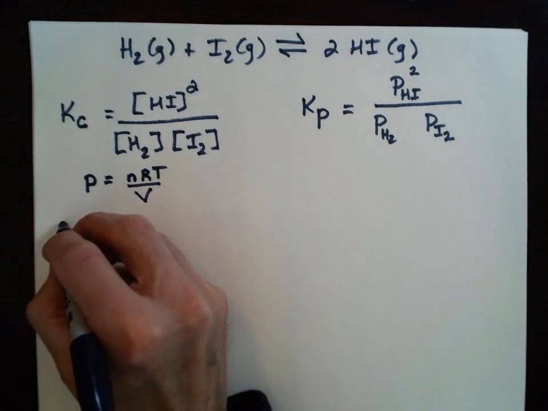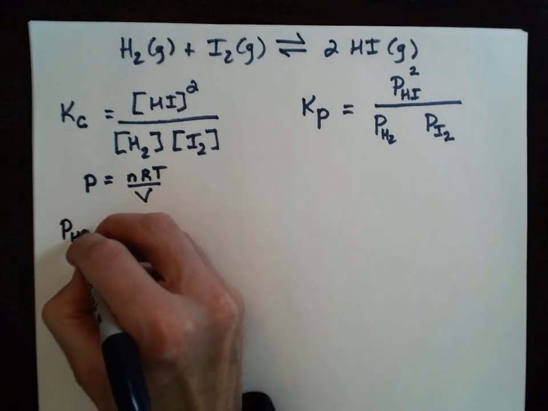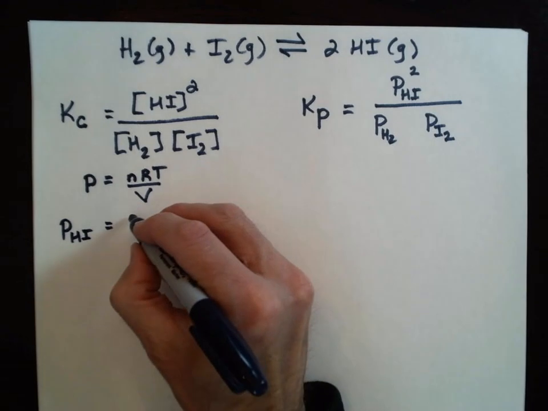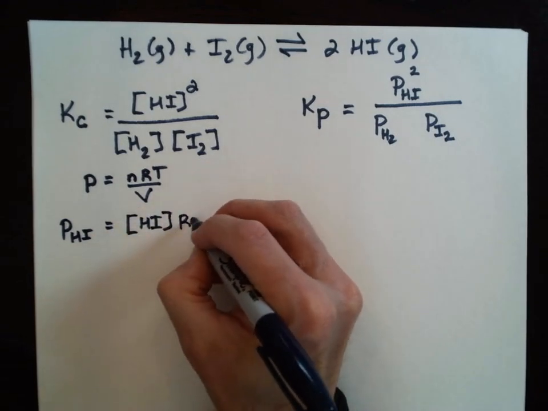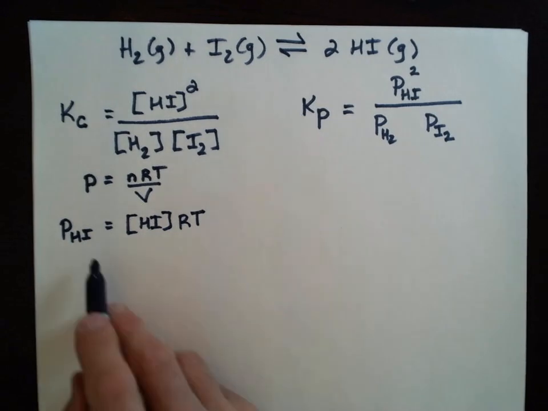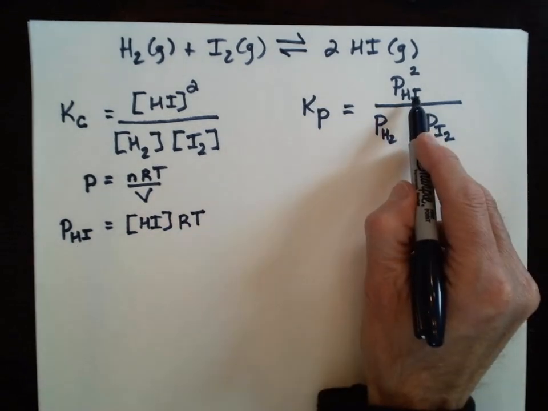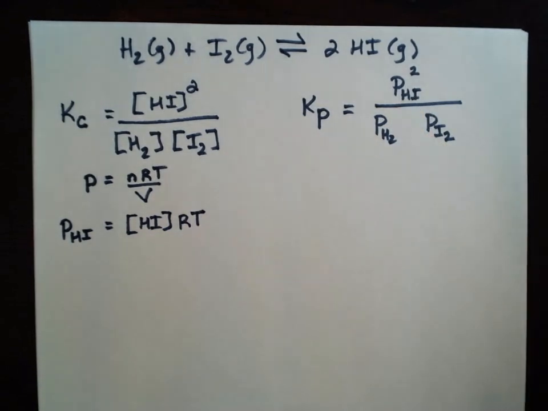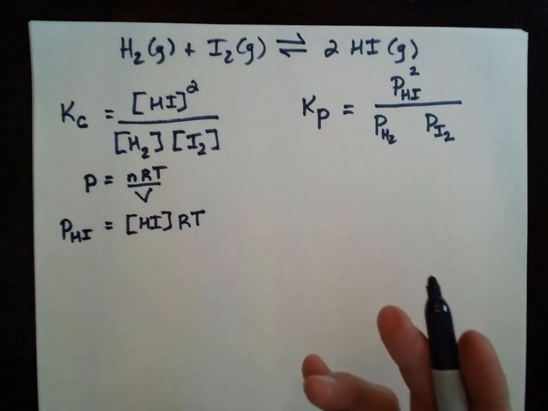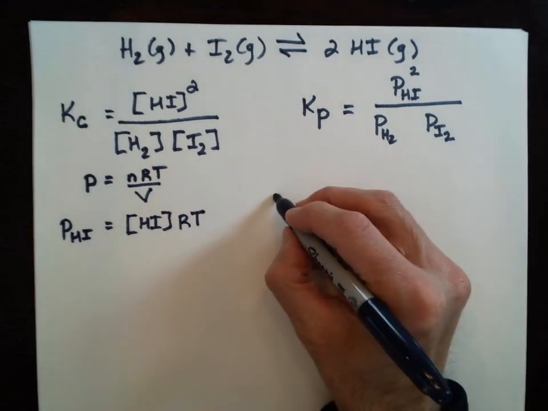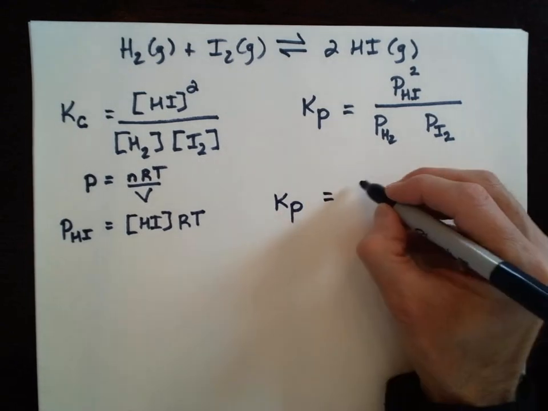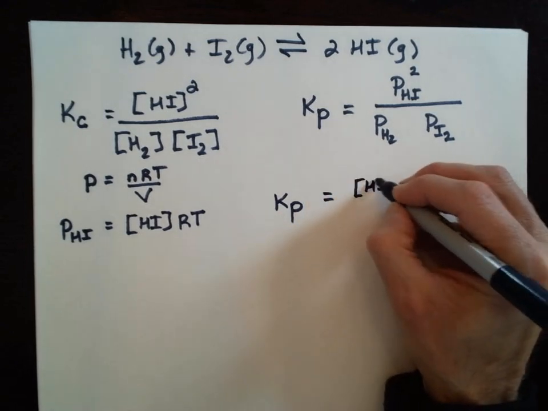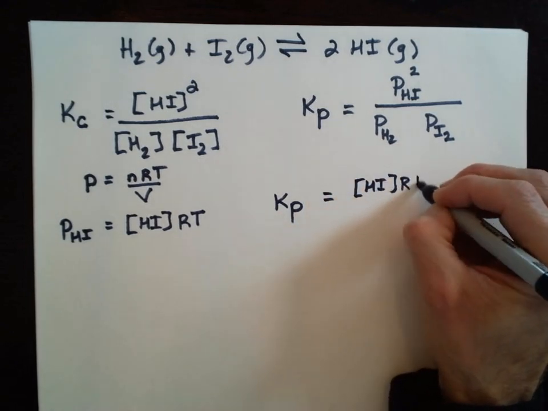So that would mean that the pressure of HI is going to be the concentration of HI times RT. So I can plug this in for all these values here, and we can check out and see what the relationship between the two are. And it would work like this. Kp would be the concentration of HI times RT.